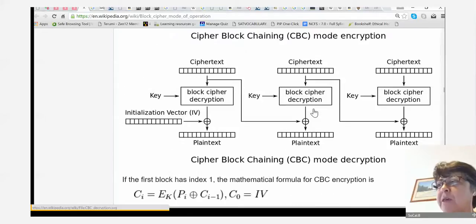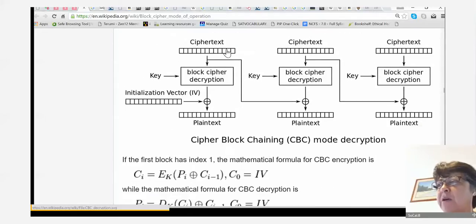So what that means is that the previous ciphertext is now the IV for the intermediate value that comes out of this second operation. Right there where I have my mouse, there's an intermediate value, and you XOR that with the ciphertext, and then you get the plain text, and on and on.